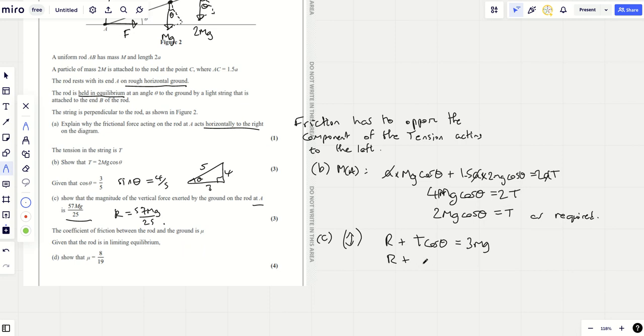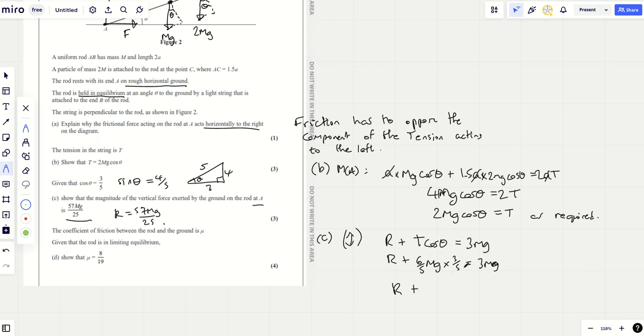So 3/5 times 2, that's 6/5 mg, that's what T is. Oh, sorry, no, I've already changed cos theta to 3/5, I apologise. So that's 3/5 times 2, you get 6/5 mg, and then we times it by 3/5 again. And that equals 3mg.